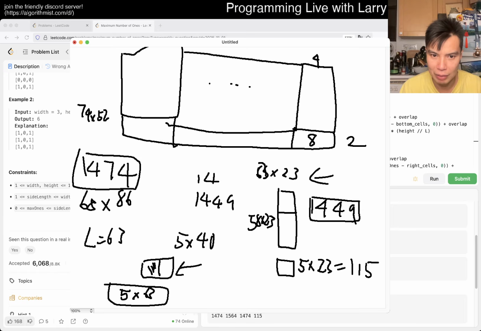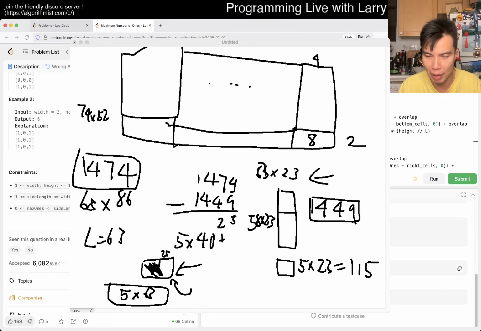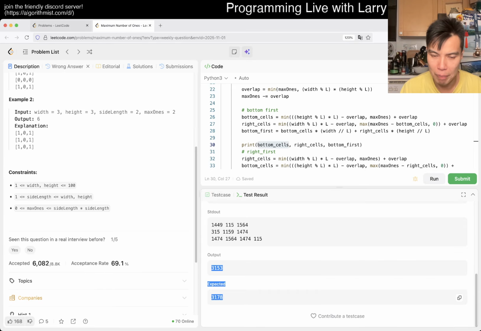So 1474 minus this is equal to 25, right? 25 plus 115 should be right, because 115 is just the overlap, right? But then we have 25 on the other one, and that actually is the exact number that we're missing on the output. So I think our logic is right, but our math is wrong.